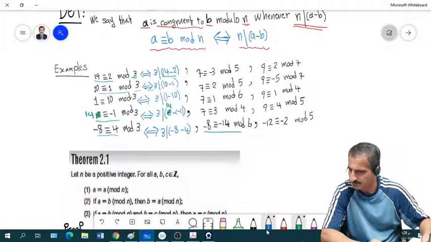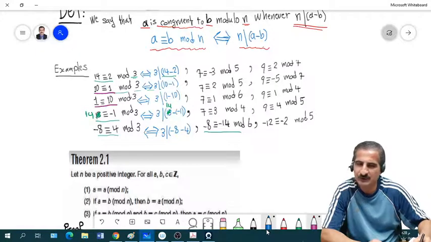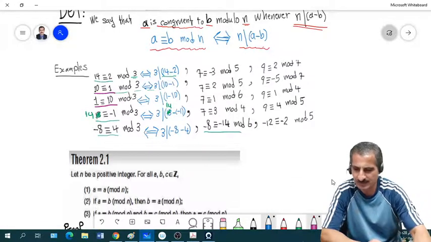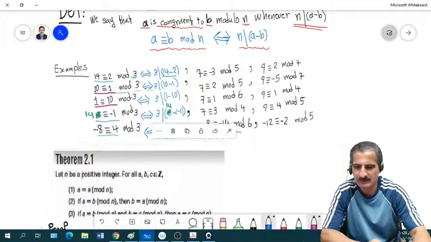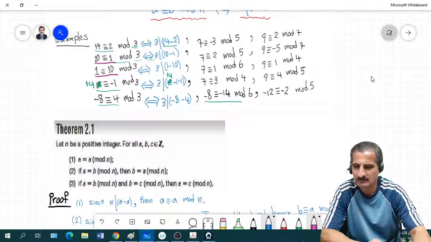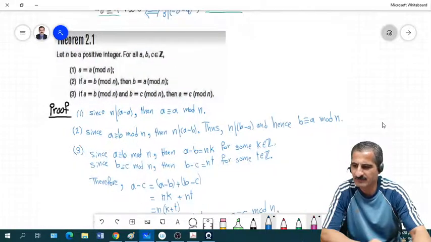And here notice that we have 10 congruent to 1 modulo 3 and 1 congruent to 10. And that means we have here symmetry, and we will see it. And these are other examples that you may look at. Okay. Let's see what we have next.